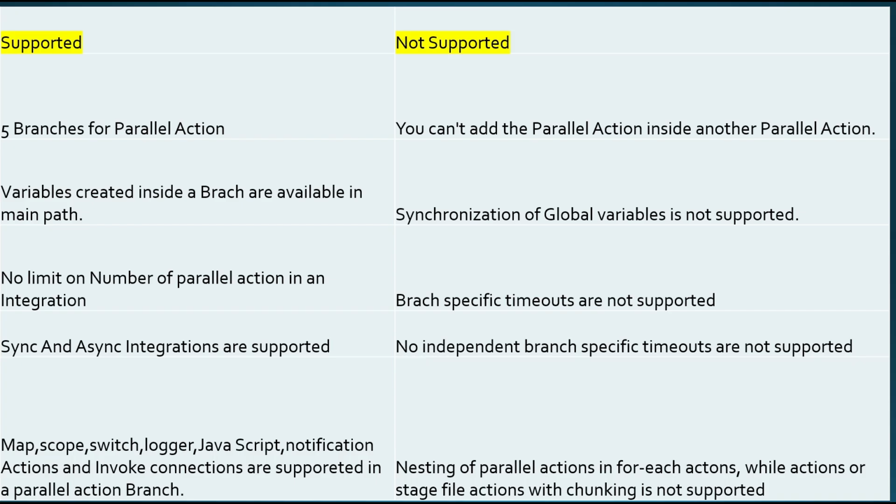Now we can understand what is supported and not supported, but I would recommend you to go through the Oracle documentation for latest updates. Let's go through the supported points.